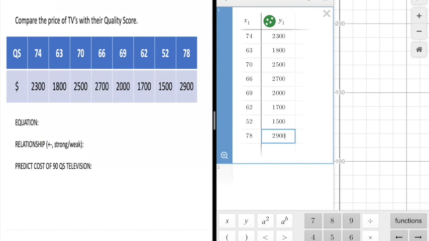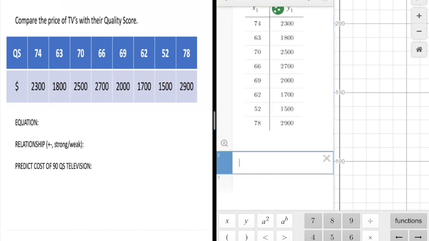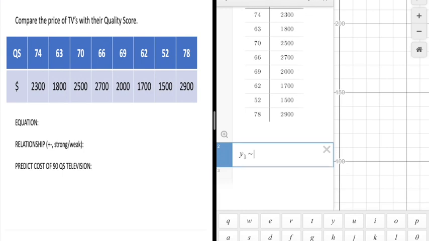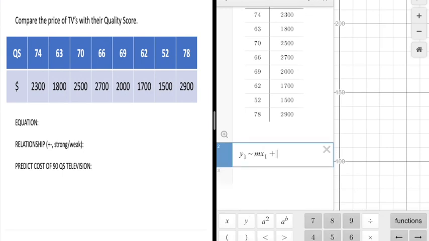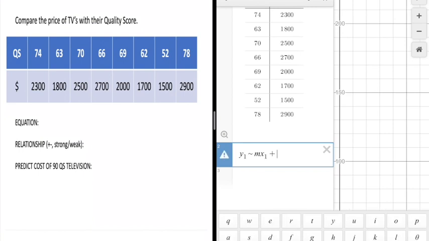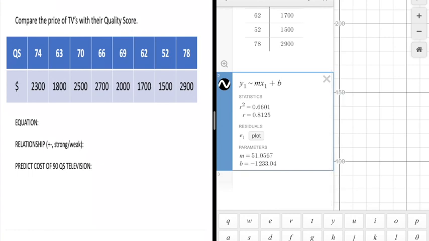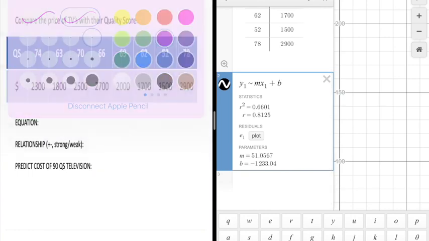So what I'm going to do is type my equation, which we learned was y1 tilde mx1 plus b. And that gives me all of the information I need. So I'm going to copy over my equation, which will be in y equals mx plus b form.